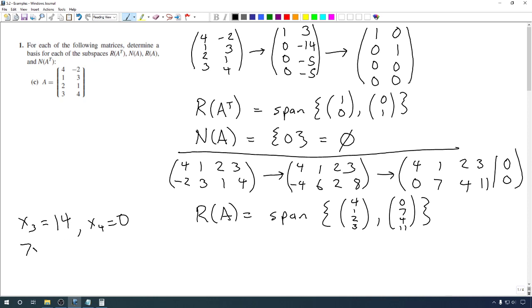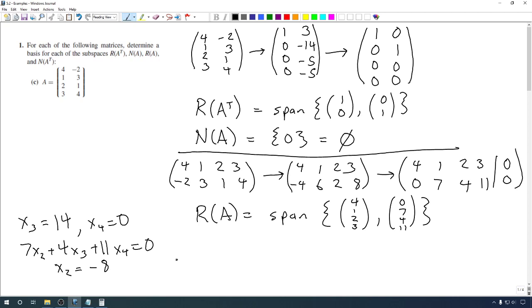We have 7 times x2 plus 4 times x3 plus 11 times x4 is equal to 0. If I plug those in and solve, we have 7x2 plus 4 times 14, and then the 11x4 goes away. That's going to give me x2 equal to -8.